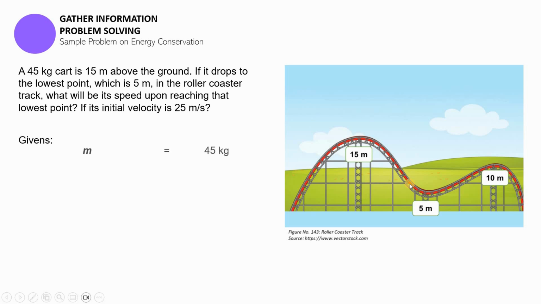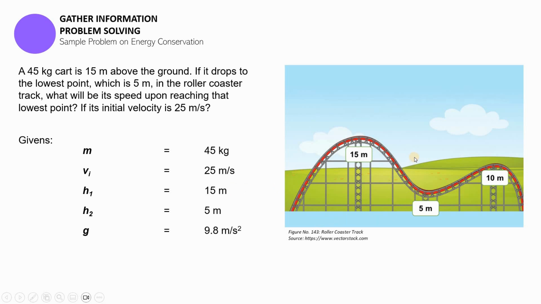So the givens we have in this problem are the following. The mass of the cart was 45 kilograms. The initial velocity was 25 meters per second. The initial height was 15 meters. And the final height was 5 meters.